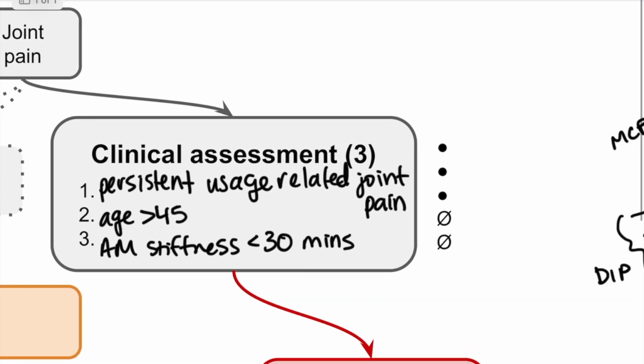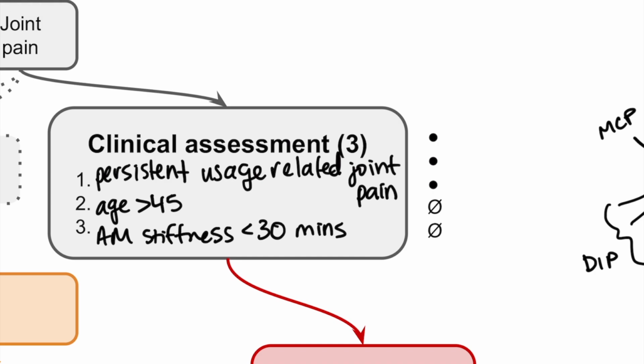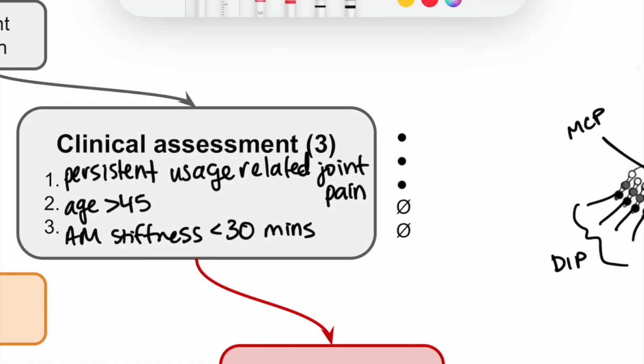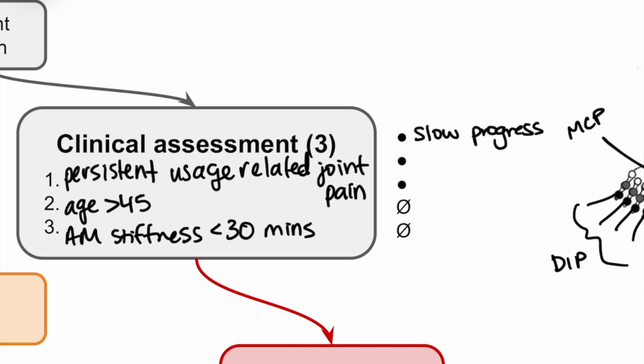So going back to our clinical assessment, there might be some other symptoms that increase your suspicion of osteoarthritis. What might those be? Compared to some other illnesses, osteoarthritis tends to have a pretty slow progression, but this isn't specific. And there tends to be swelling, but we know this is not specific as well. Deformities may occur, but are also non-specific.